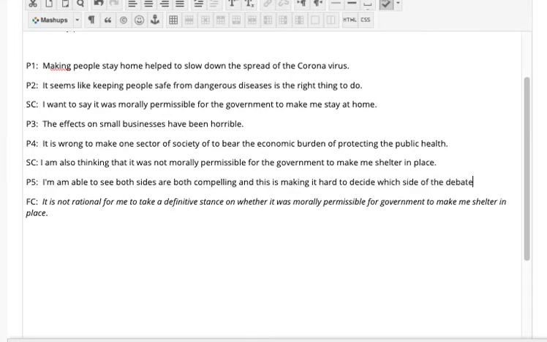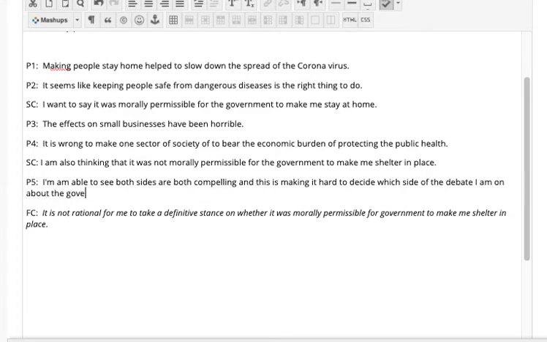So when we say I'm torn, okay, so, and this is making it hard to decide which side of the debate I am on about the government, about the, I'm going to use a lot of uniform language here, about the moral permissibility of government making me shelter in place.